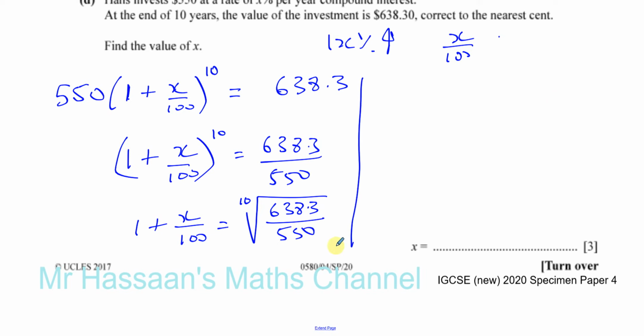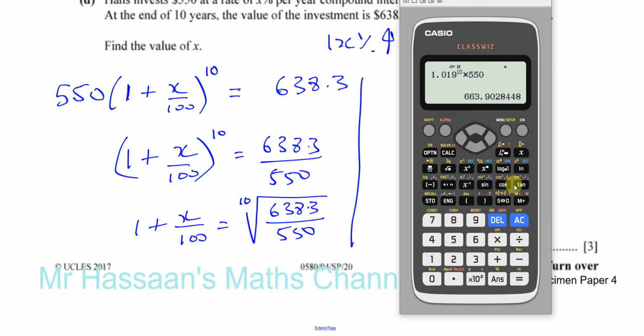So then we want to find what x is. Let's find the 10th root of this. We're going to press shift and this and 10. That's the 10th root. And inside you're going to have a fraction, 638.3 divided by 550. And that gives you 1.01500. I'll write it over here.